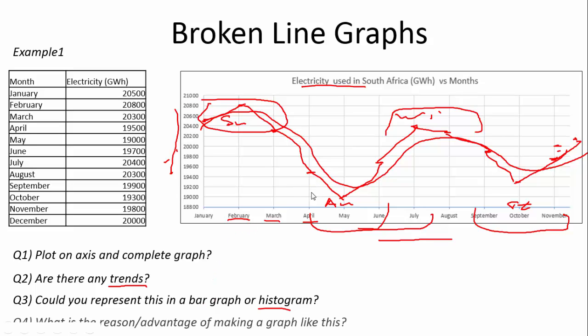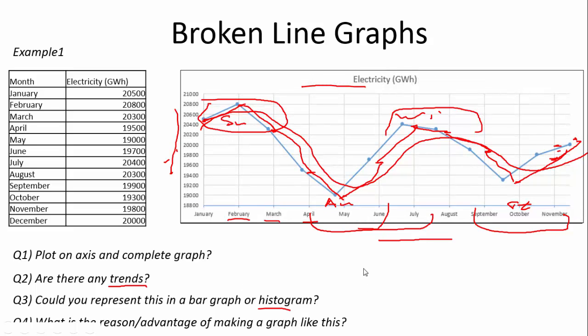So what are the reasons or advantages of making a graph like this? You can imagine in South Africa, it is very important that we have electricity during summer and winter. And this graph tells us that. Why? In summer, you can see everyone needs air conditioners. In winter, everyone needs heaters. So the reason we would make a graph like this is to better plan the future.